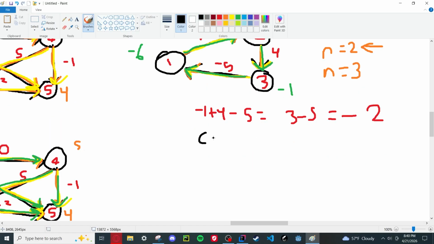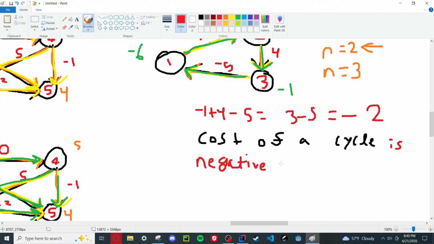So when the cost of a cycle is negative, Bellman-Ford fails. So Dijkstra failed when you had a negative weight as a distance. Bellman-Ford fails when the cost of a cycle is negative.